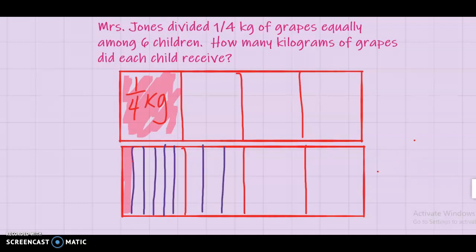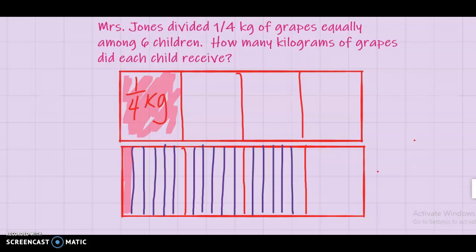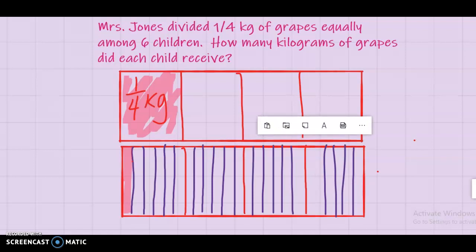Each of these fourths into 6. And one more to go. Hopefully, as I use a different color, you're able to see that these are divided.